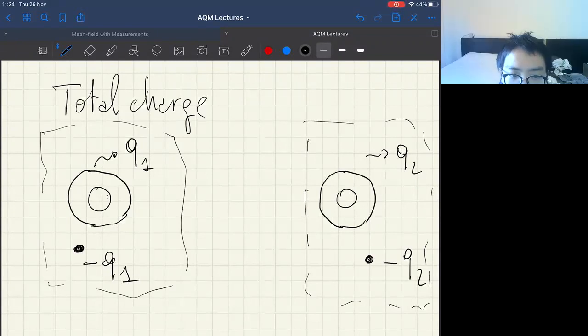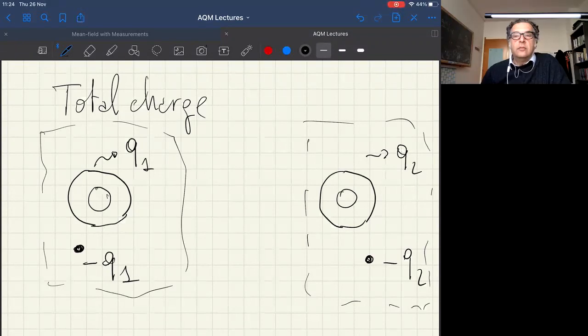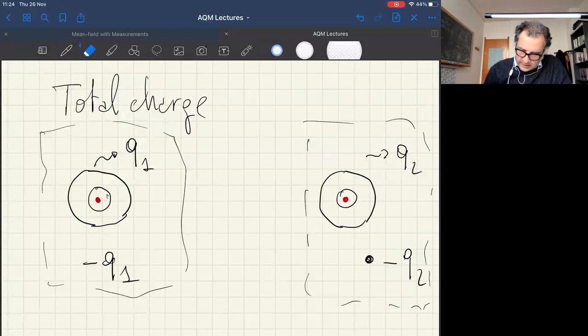Because the charge is not isolated. No. So what is the difference? I just draw it in this way. What is the difference if you put a negative charge here or you put it here? I just use colors.